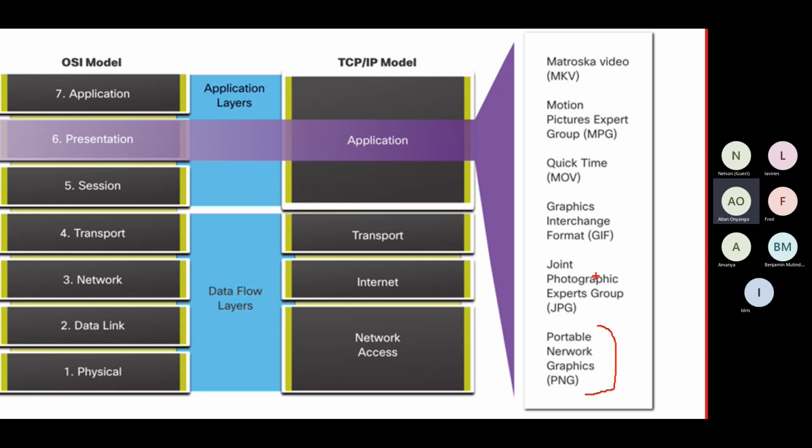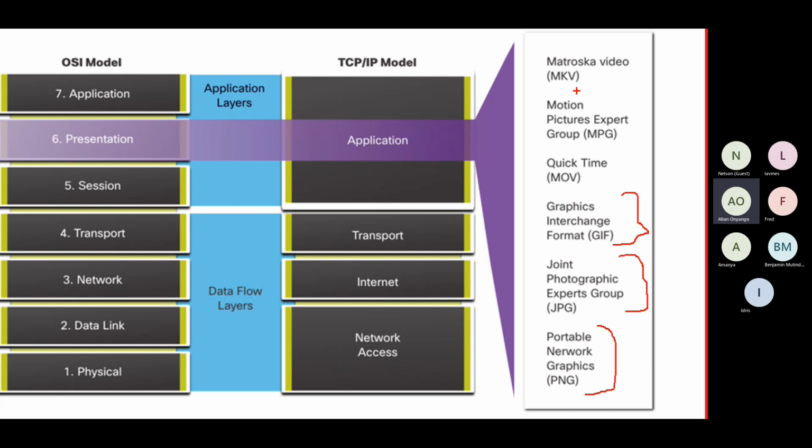We have the JPEG, Joint Photographic Expert Group. This is another photo or graphic extension. We have GIF, the Graphics Interchange Format. This is for simulation pictures, and we use them on social media a lot.